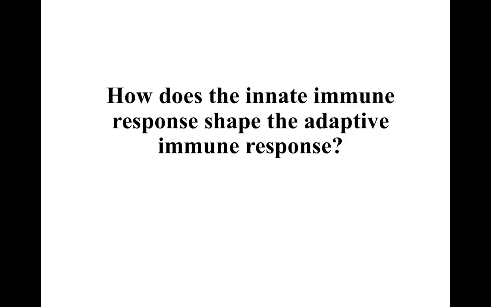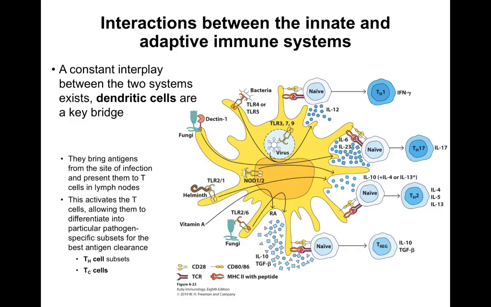How does the innate immune response shape the adaptive response? When innate immune cells come in contact with pathogen, they have pattern recognition receptors that can detect the type of pathogen.